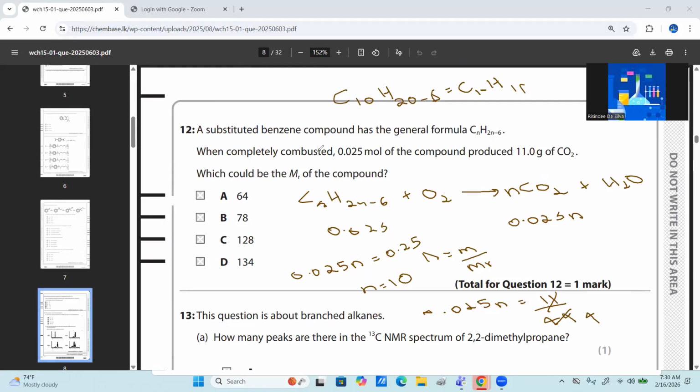That is how you have to find the answer, right? Just always write the combustion equation, equate the number of moles, then apply n equals m over Mr to find n. And then we got 10. n is the number of carbon atoms. Then apply n to the formula to get the molar mass, which is very easy.